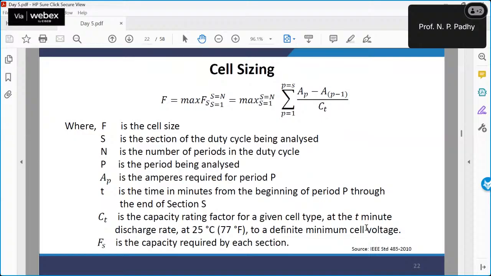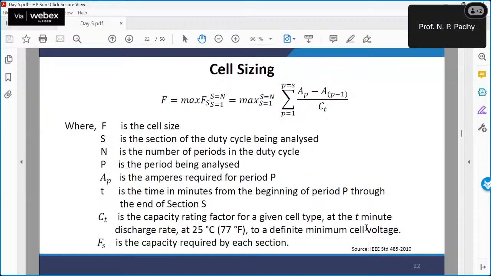Okay, so if F is my cell size, that needs to be optimized by maximizing F of s, where s varies from 1 to n, and where all the variables are defined: s is the section of the duty cycle being analyzed, n is the number of periods of the duty cycle, p is the period being analyzed, Ap is the amperes required for the period p, T is the time in minutes from the beginning of period p through the end of section s, Ct is the capacity rating factor for a given cell type at the T-minute discharge rate, and Fs is the capacity required by each section.